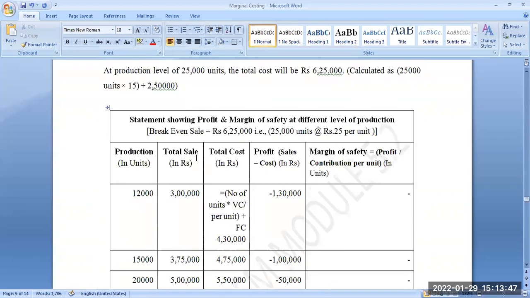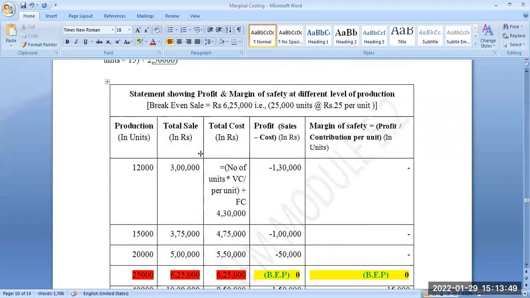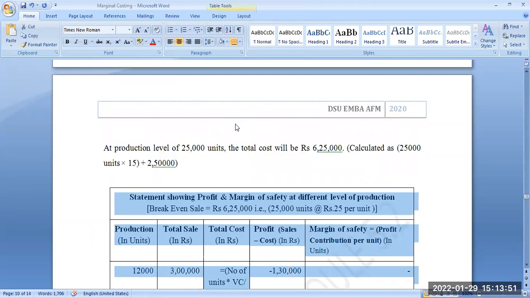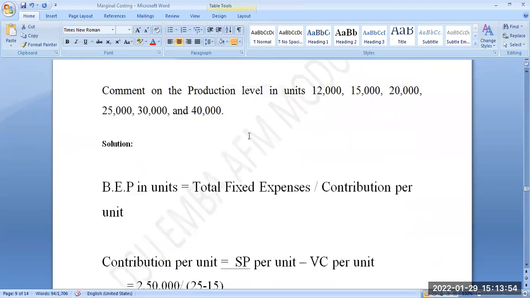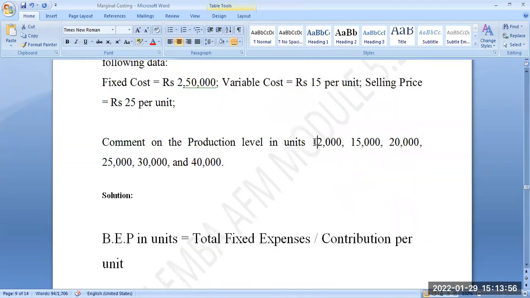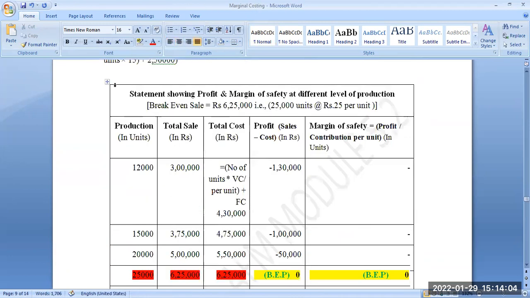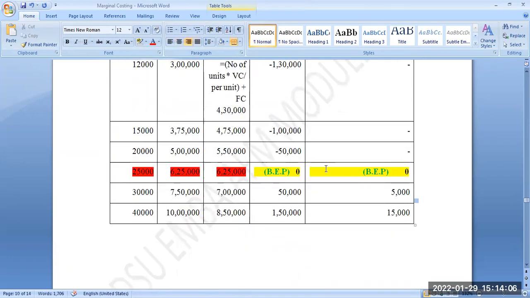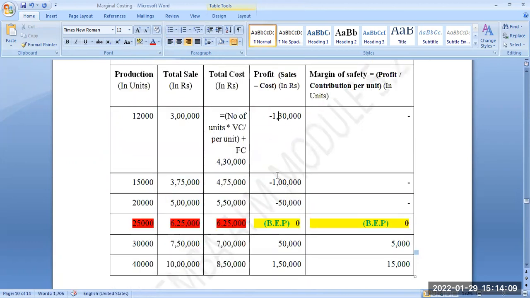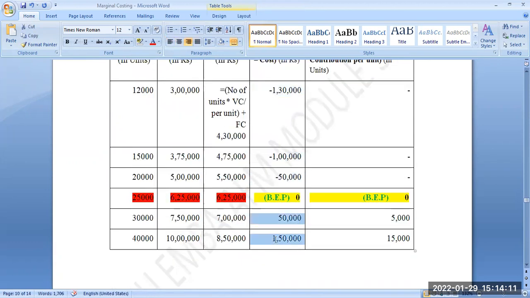Okay, look at this. We have done this for all the units. They were given some units, right? If the company produces 12,000 units, what will happen? The company produces 15,000, 20,000, 25,000, 30,000, and 40,000. For that, I have made a table here. In some cases there is a loss, in some cases there is a profit.